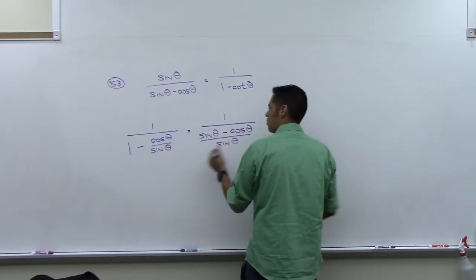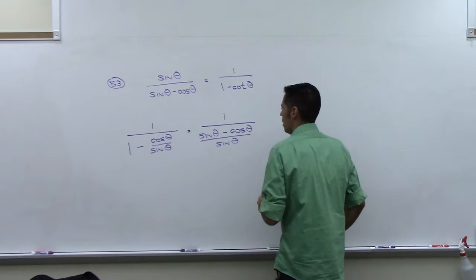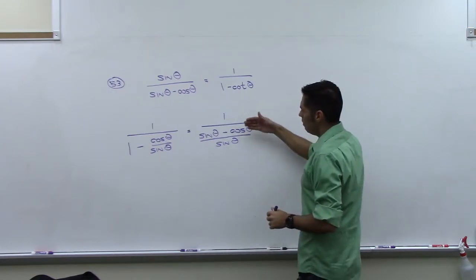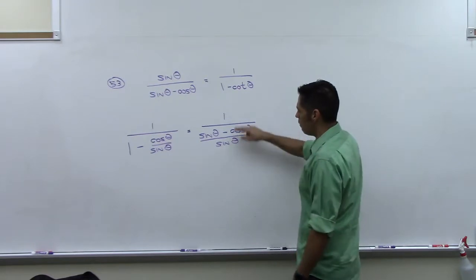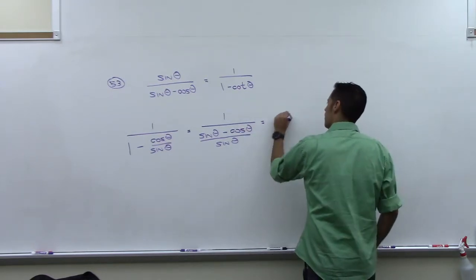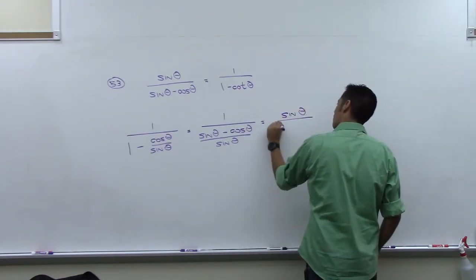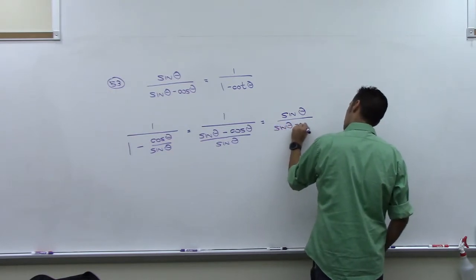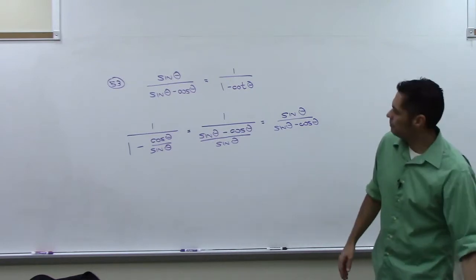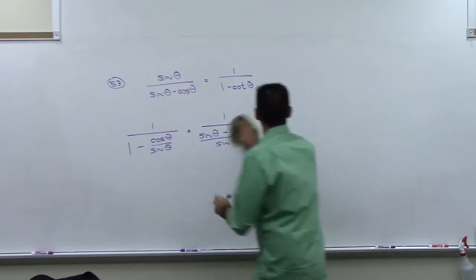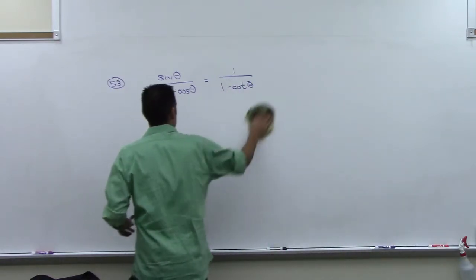So that's what happens when I put these two together. And that's 1 over a fraction. Oh, I'm there. Okay. So 1 over a fraction, just reciprocate it. Sine theta over sine theta minus cosine theta. And I'm done. Well, that was nice. Glad I started with the right side.